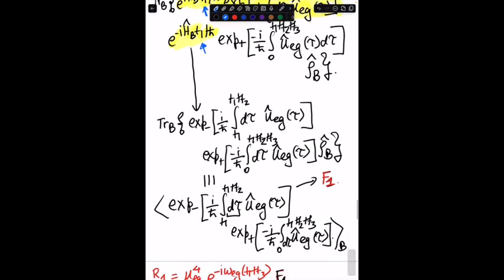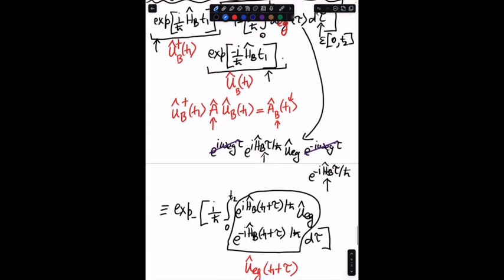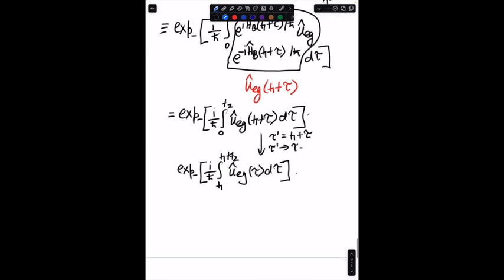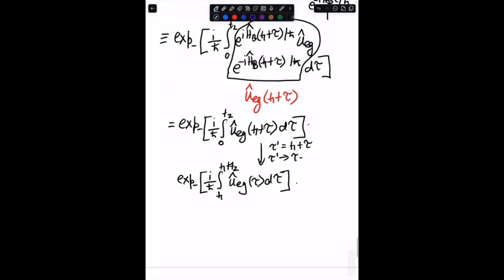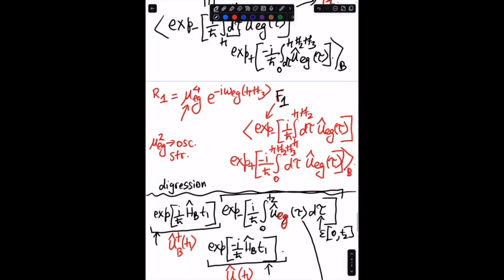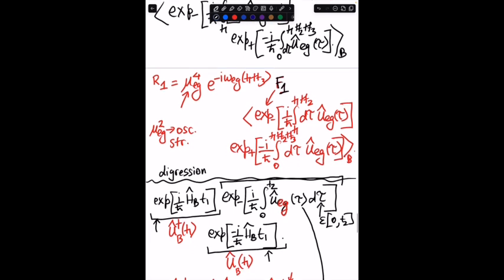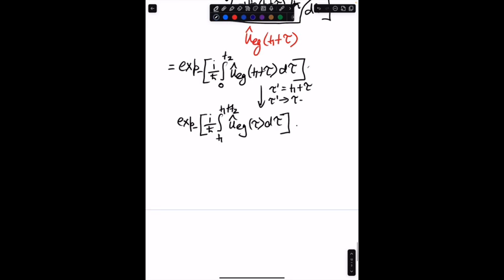And when you evolve that operator over t1 and consider the time ordered integrals, it's quite easy to think of your negative time ordered exponential acting over the duration t1 to t1 plus t2. Yes, so in the end, that's how your dephasing function comes about. So this is the story for R1, and likewise, we can do the same for R2, R3, and R4.